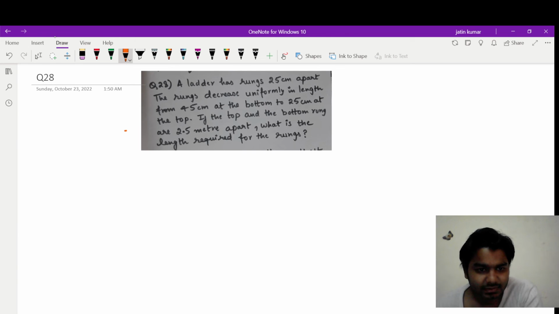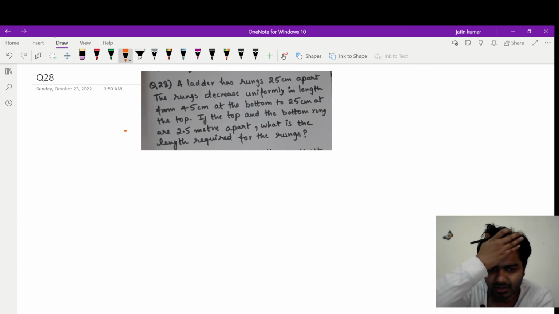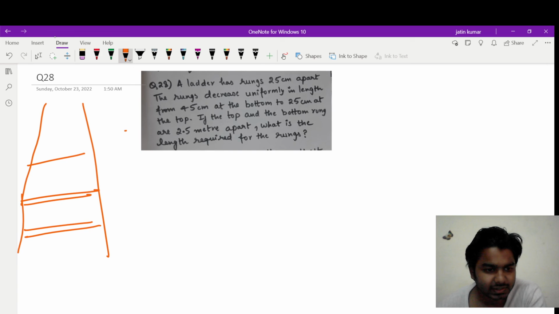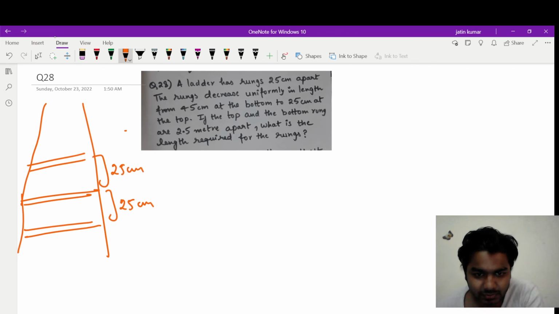A ladder has rungs 25 centimeter apart. This is a ladder, these are rungs, and they are 25 centimeter apart, the distance between two rungs. The rungs decrease uniformly in length from 45 centimeter at the bottom to 25 centimeter at the top.